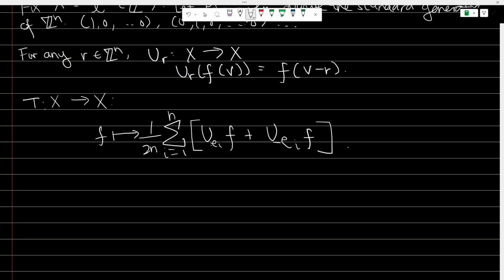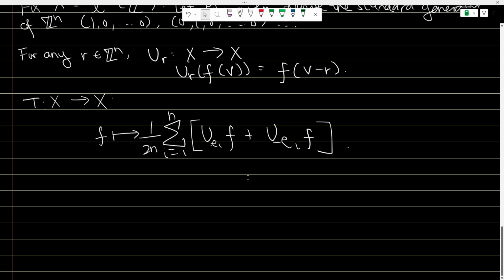If you think about this for a bit, this is going to make sense to you. I add up what's on the left, on the right, on the top, on the bottom, and so on for each possible cardinal direction in our elements of Z^n, and then we'll average them.